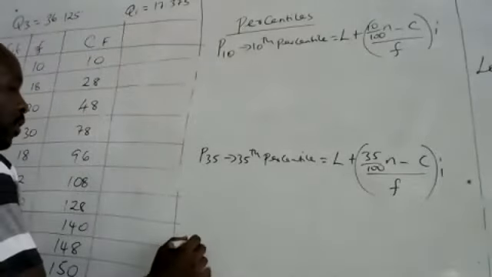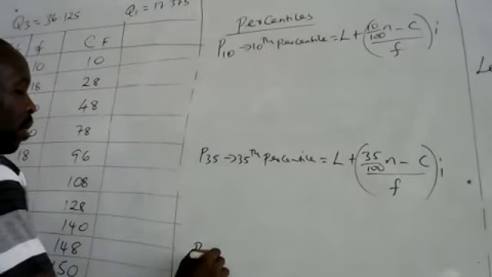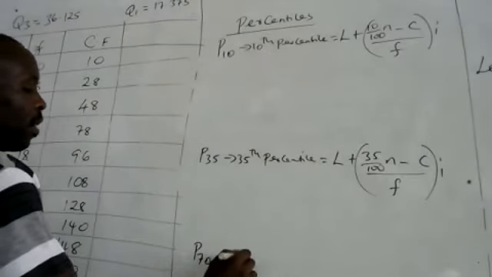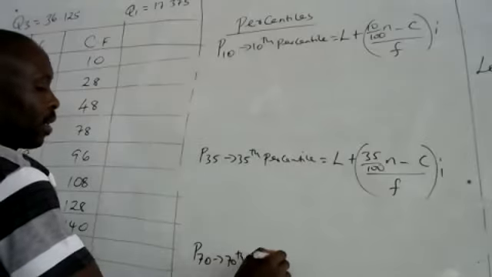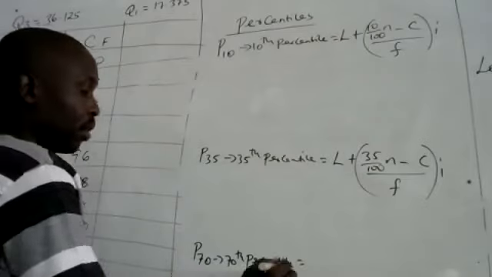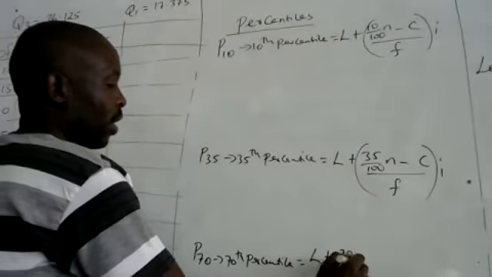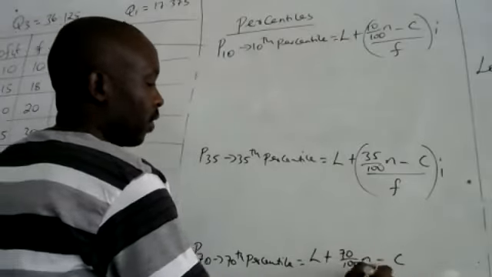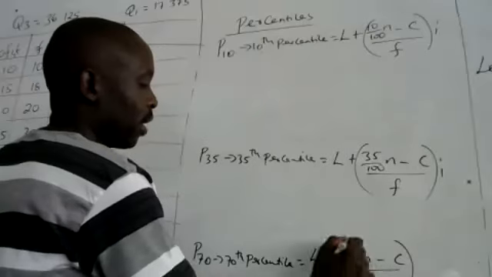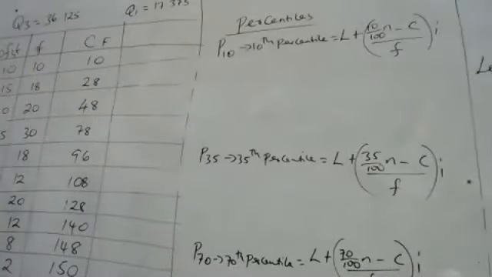You can also be interested in getting P70. This one means it is the 70th percentile, which is going to be given by L plus 70 over 100N minus C over F times R. So you can be able to get any percentile from 1 all the way to 100.